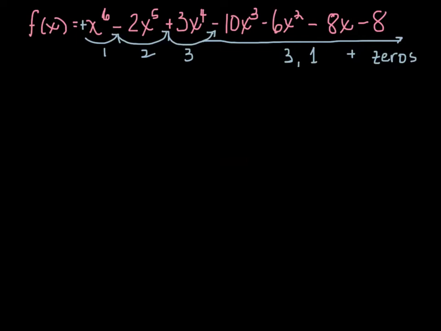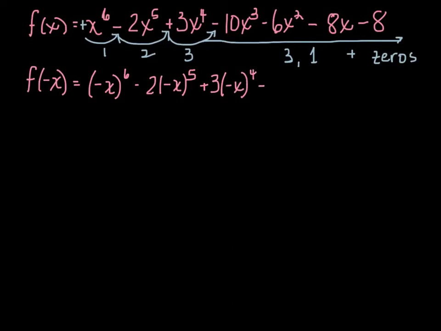I'm now going to look at that same function, but at f of negative x. And what that means is everywhere there's an x, I'm going to plug in a negative x. Minus 2, plug in negative x to the 5th, plus 3, plug in negative x to the 4th, minus 10, plug in negative x cubed, minus 6, plug in negative x squared, minus 8, plug in negative x, minus 8.